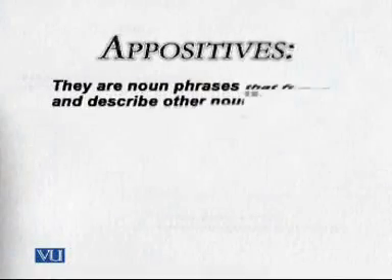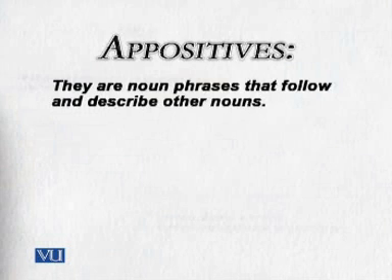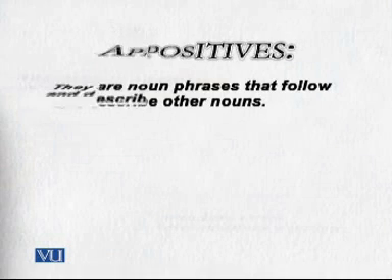Let's now go down to our third one, which is what? Appositives. Appositives are what? Well, as I told you before, they are just like information put into brackets. Information put into brackets means, I can illustrate this with the help of one very simple example.